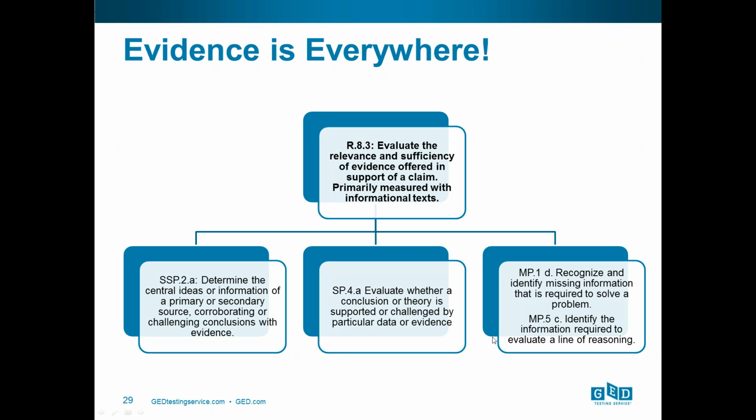And we don't want to leave out math, because I'm not sure I could solve a problem unless I knew what evidence that word problem was giving me. Sometimes we call it relevant information or relevant data, and of course, along with that type of evidence, there's also irrelevant data.